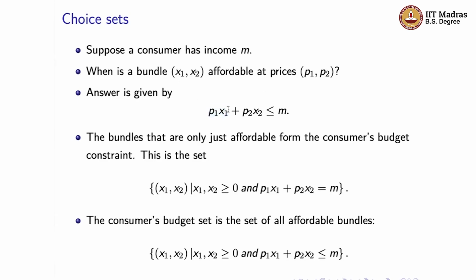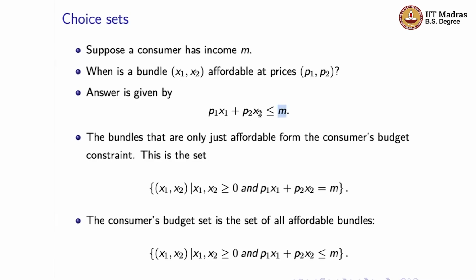Similarly, to purchase X2 units of commodity two, the amount that has to be spent is P2 X2. So the total expenditure required to purchase this bundle X1, X2 is P1 X1 plus P2 X2. If the consumer's income M is more than P1 X1 plus P2 X2, then the consumer can go ahead and buy it.